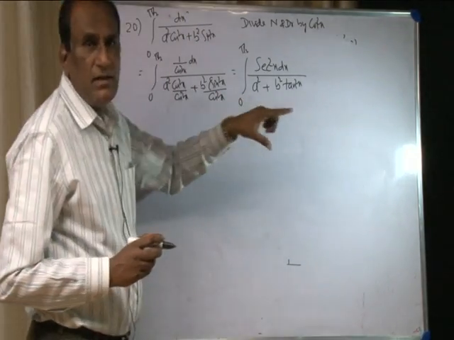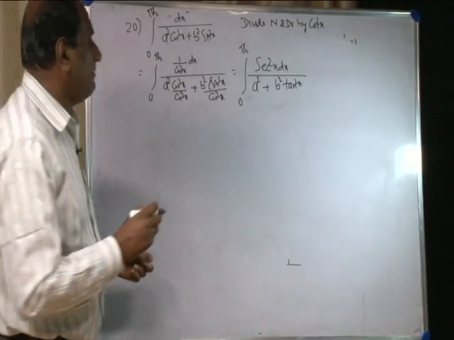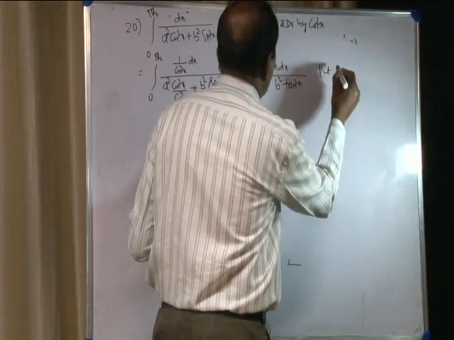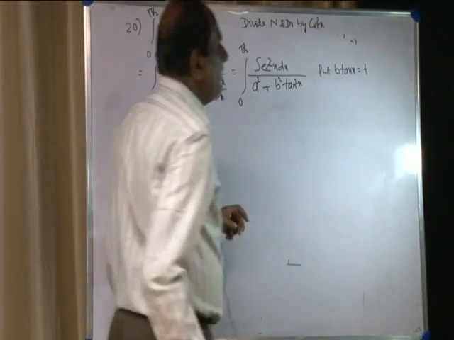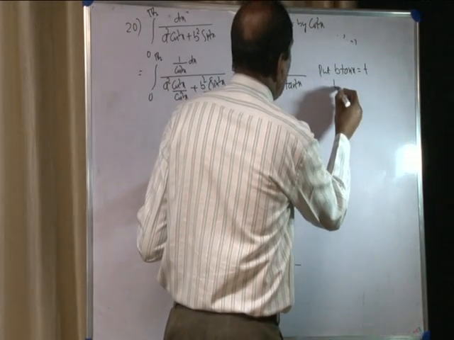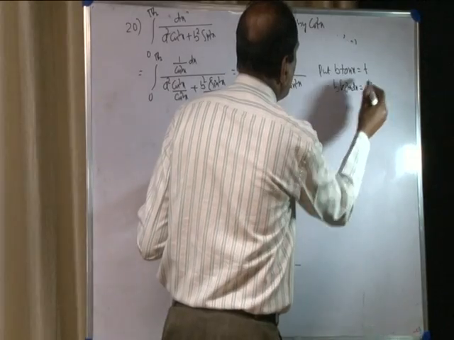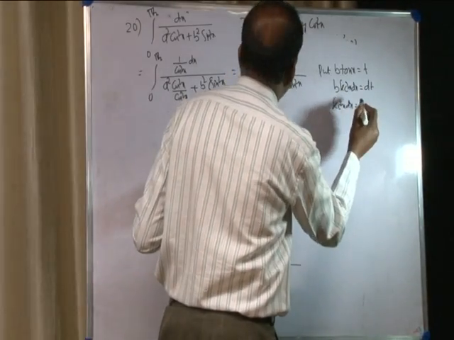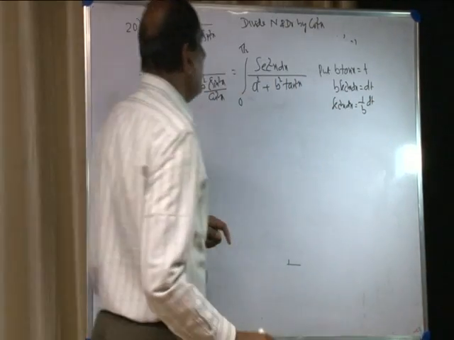By changing the variable x to t, that is by the change of variable method, put b tan x is equal to t, or b secant square x dx is equal to dt. There is only secant square x dx, that is equal to 1 by b dt.